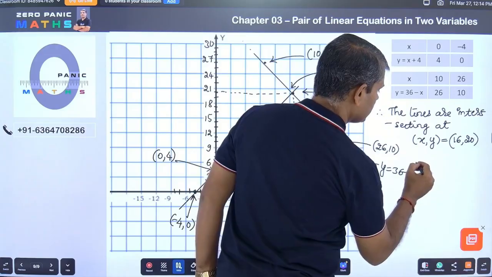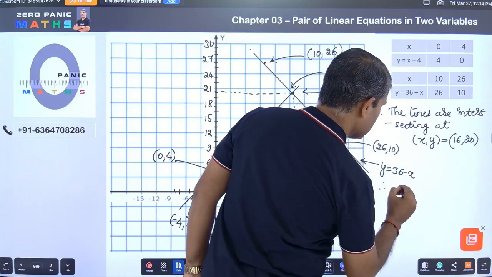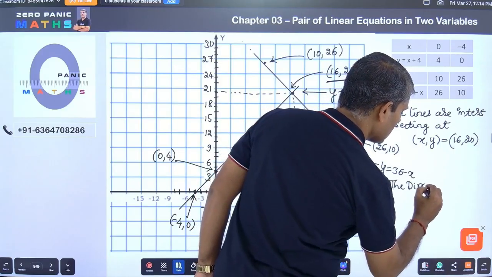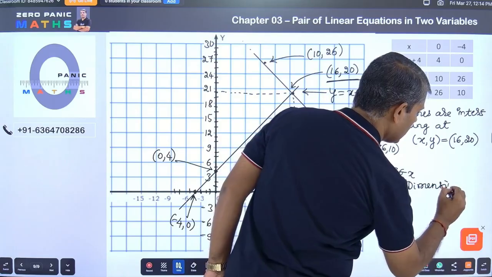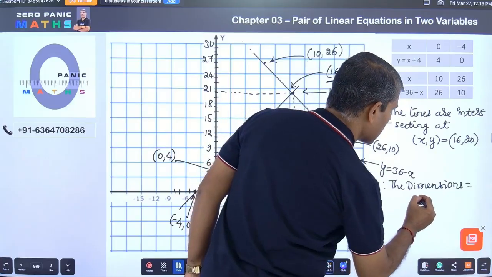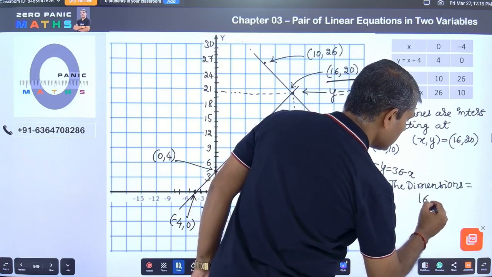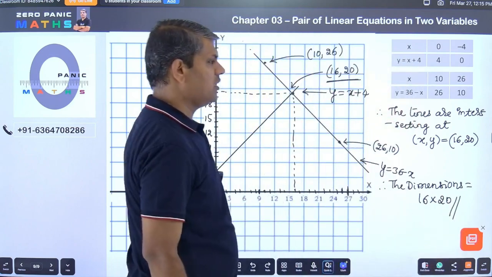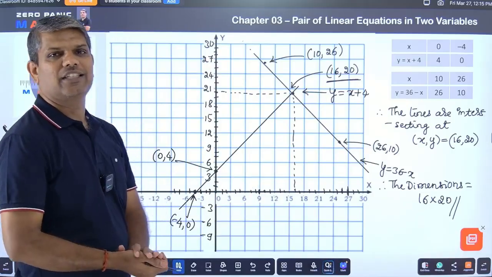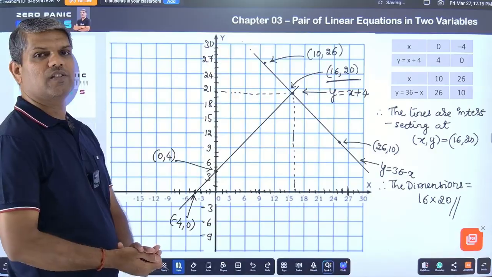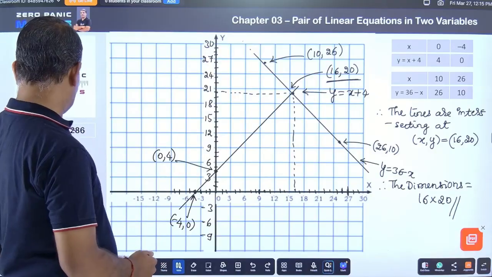Therefore the dimensions of the rectangle are 16 multiplied by 20. That is width into length. Okay, that is the solution for this. Let us move to the next question.